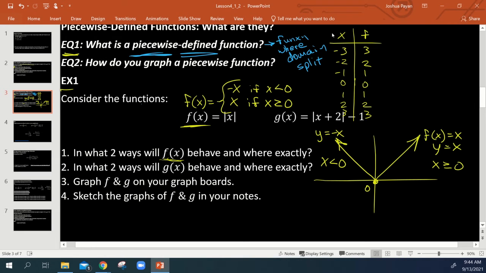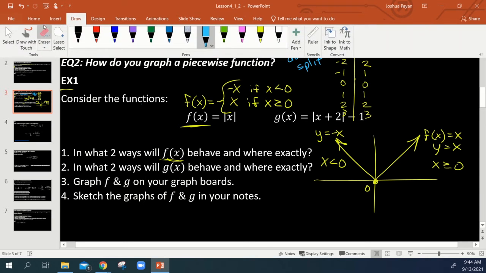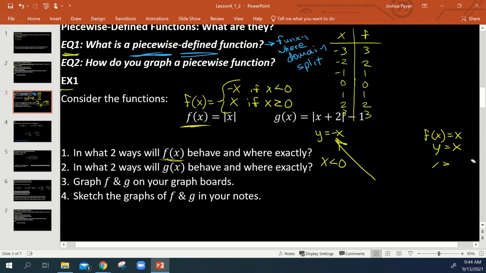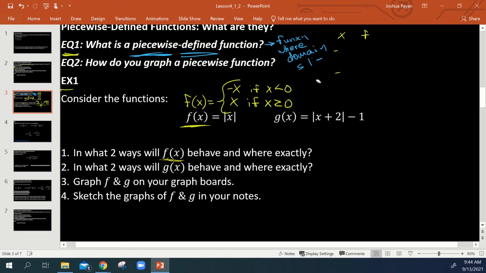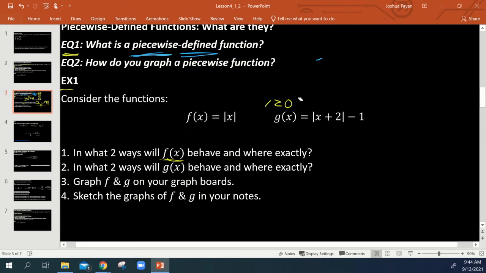And it may be split into 2, it may be split into 3, 4, however many functions. Okay, so you'll see piecewise a lot later in higher math, especially with things like parameterization and things in physics and all kinds of other stuff. Okay, but you get the idea. So let's look at another example.